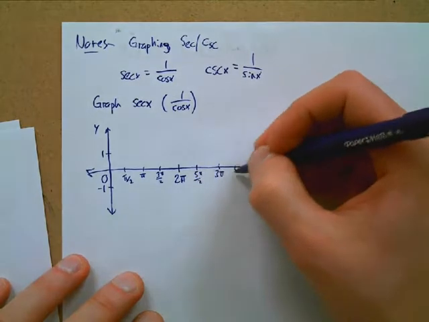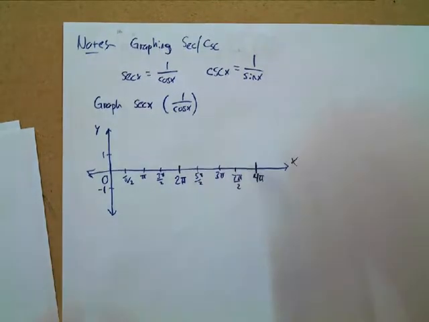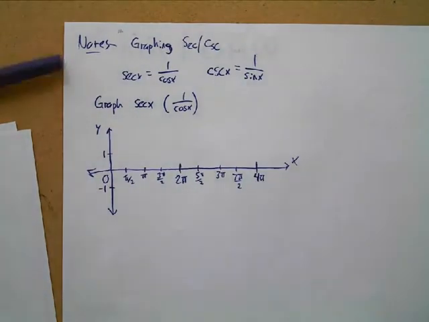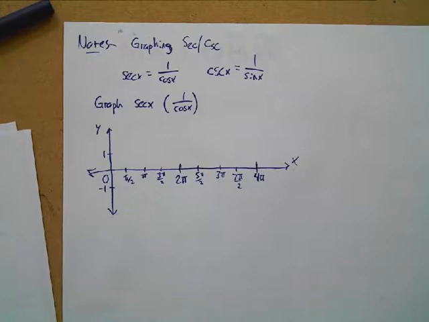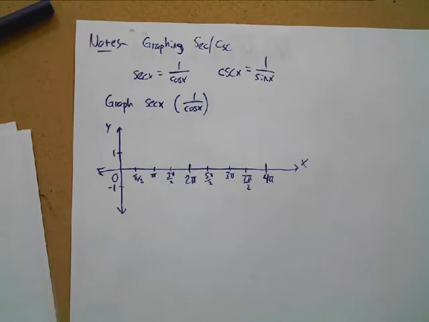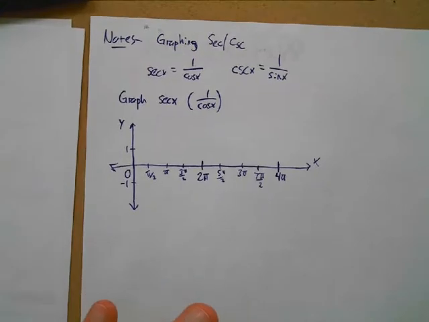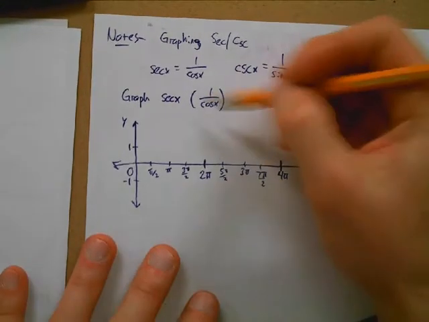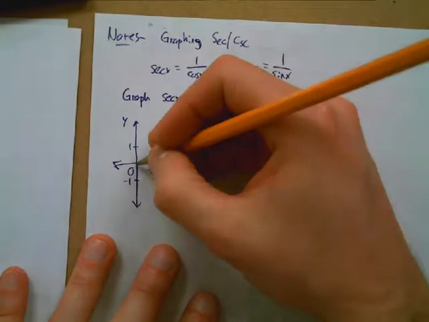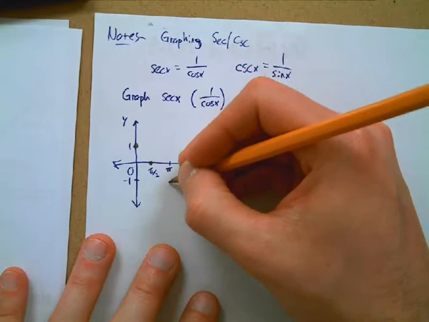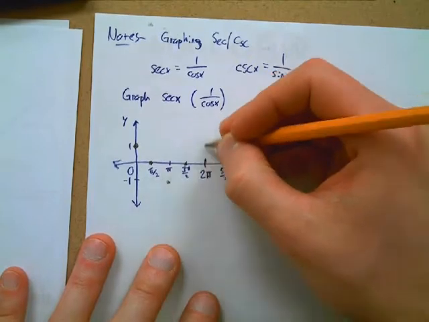Okay, all those things. Now, I'm going to graph the cosine graph in pencil, so that way I can erase it away, so you can see what just the graph of secant is. But I'm going to graph the cosine in pencil first, just so you kind of get an idea of what it looks like. Okay, so cosine graph. Remember, cosine 0 is 1, so we'll put a little point right there, and then pi over 2 is 0, pi -1, 0, 1, 0, -1, 0, 1.